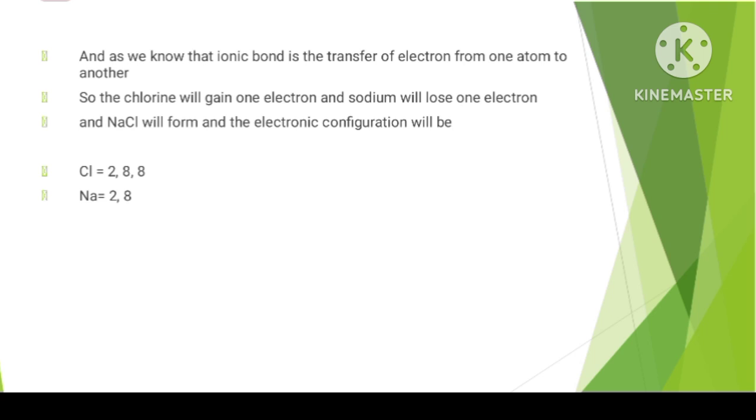Now you can see the last valence shell has 8 electrons. It means by ionic bonding, sodium and chlorine will form a bond, and they will become stable after completing their octet. That is why they are together, and that is why the bond is formed between sodium and chlorine. So this was the entire video on ionic bonding.